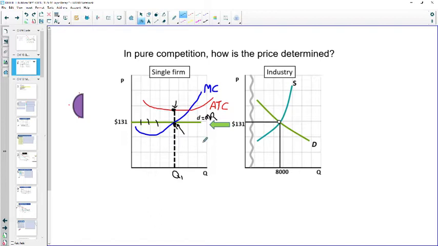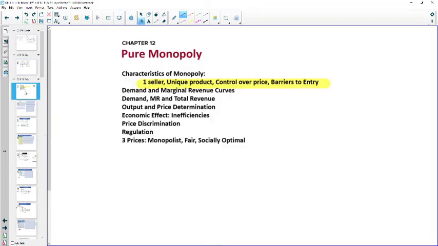What's going to happen when that happens? The supply is going to get smaller because someone's going to go out of business. The price will then eventually rise to just touch the average total cost, and that's the long-run adjustment process for pure competition. Now we take a look at monopoly and what the difference is.